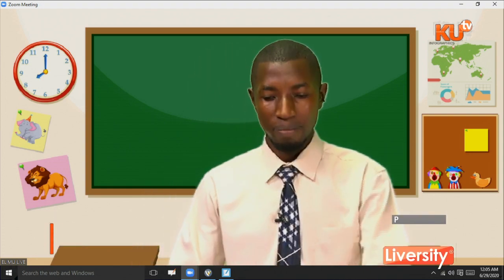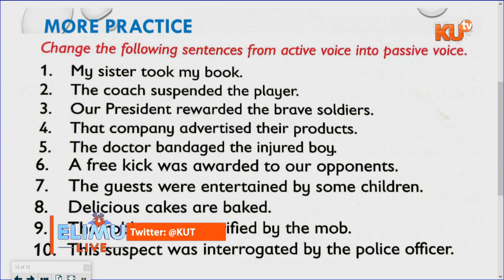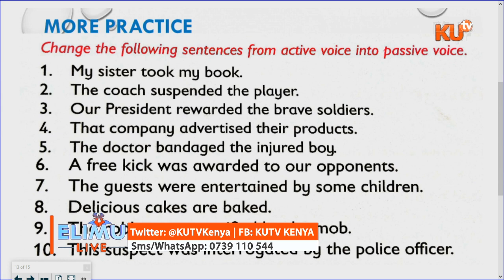Understood? So we continue to our next sentence, which is, that company advertised their products. That company is the subject, advertised is the verb, then their products is the object. So we start with their products, then advertise, then the company. Some people would say their products advertised that company.